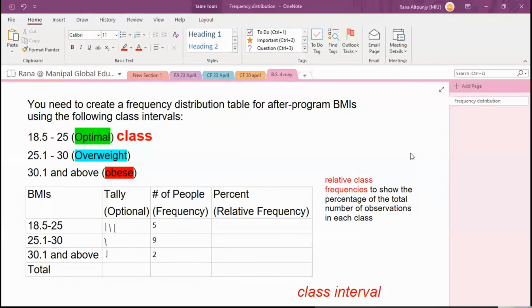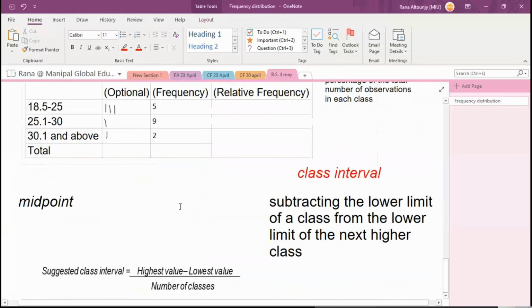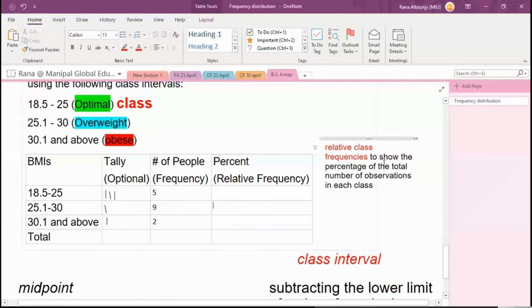Let's move one extra step, which is relative frequency. The relative frequency is to show the percentage of the total number of observations in each class, which means when we are saying we have 5 people under the optimal, we want to calculate how much those 5 are as a percentage of the total.